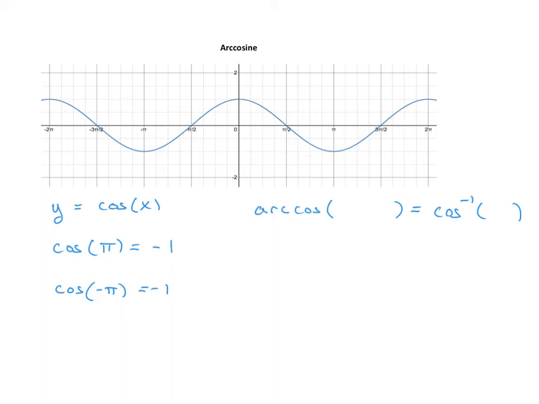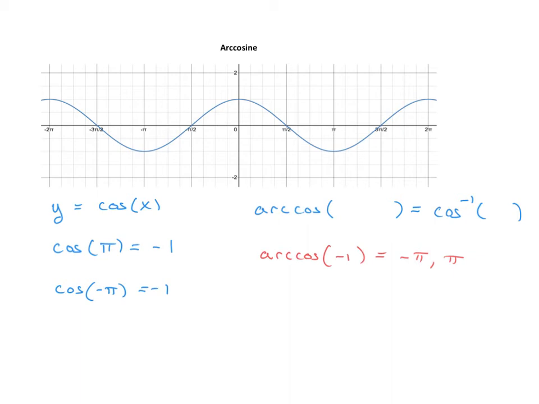The inverse function should reverse this process. So if you want to know, like, hey, what's arc cosine of negative 1, you should only get one answer back. So you would locate, well, where's negative 1? It's here. Oh, well, maybe my answer is pi. But at the same time, you could say, oh, well, maybe the answer is negative pi. It can't be both. You can't have two solutions here. You should only have one.